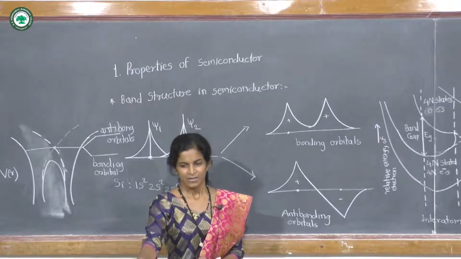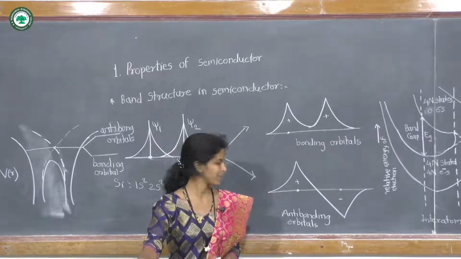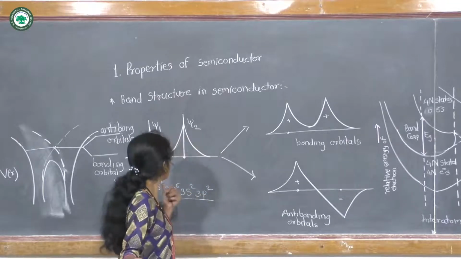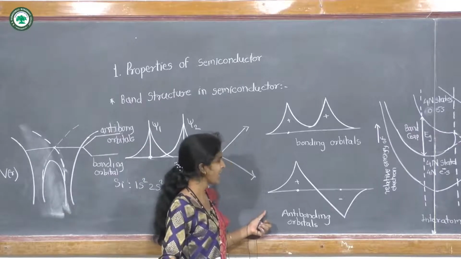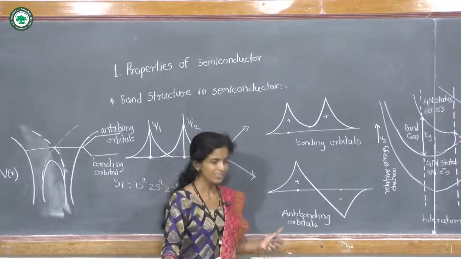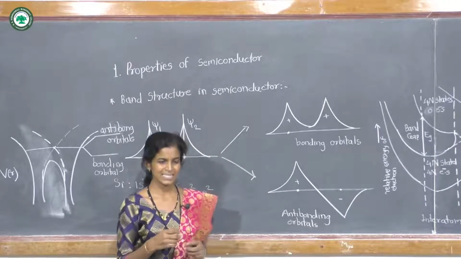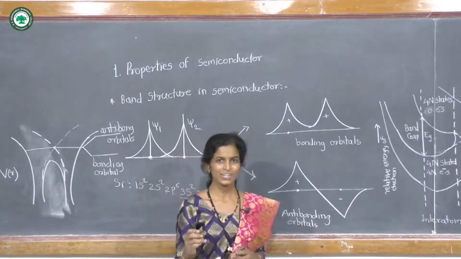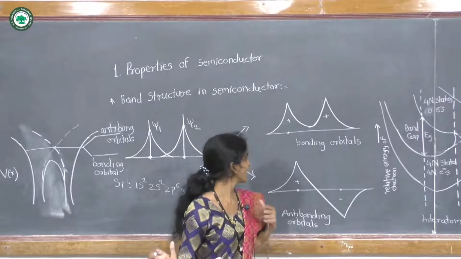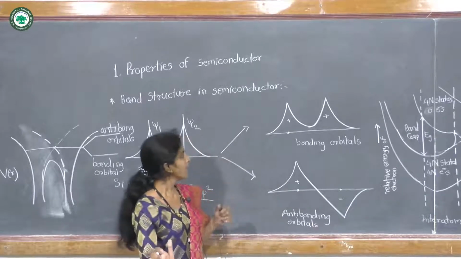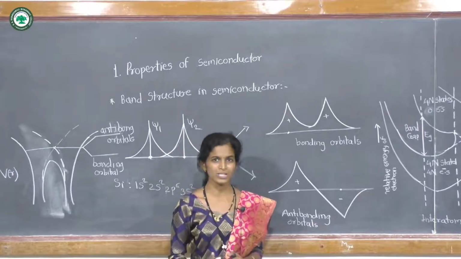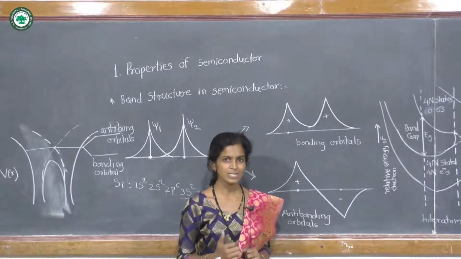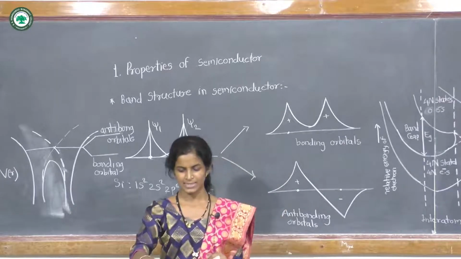Again, for the antibonding orbital, as the two electron wave functions combine antisymmetrically, the energy is greater than that of the isolated atom, as well as in the case of the even combination of atomic orbitals.